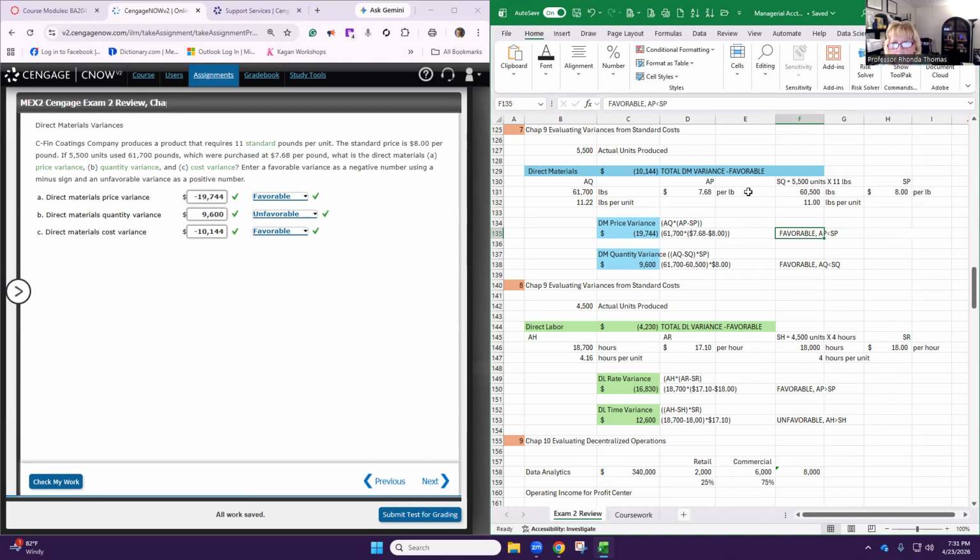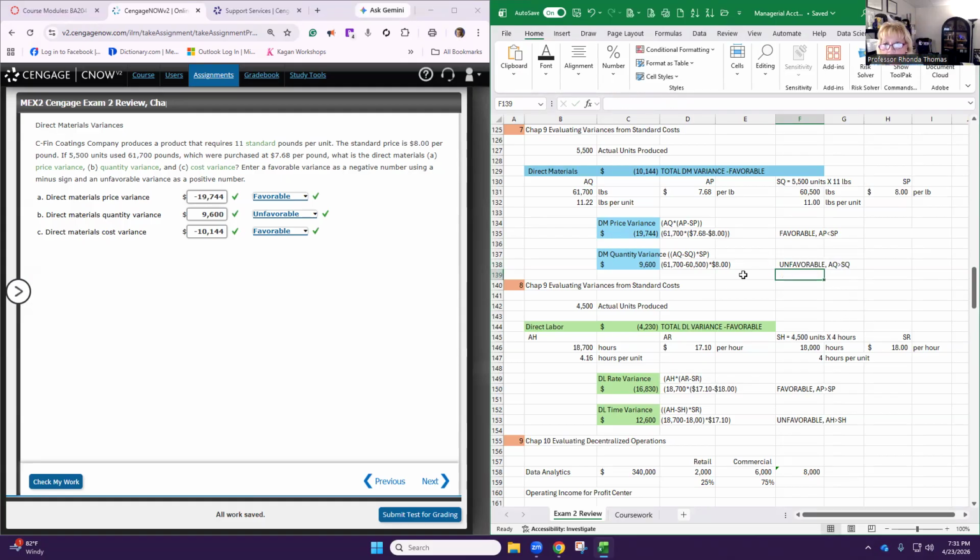Now you be careful. The last one I did had a favorable and an unfavorable, and this one is actually unfavorable. I just didn't fix it. All right, unfavorable because our actual quantity was bigger than our standard quantity.